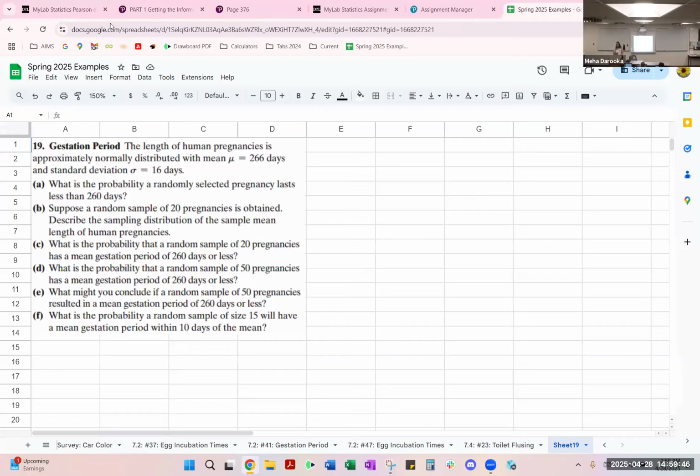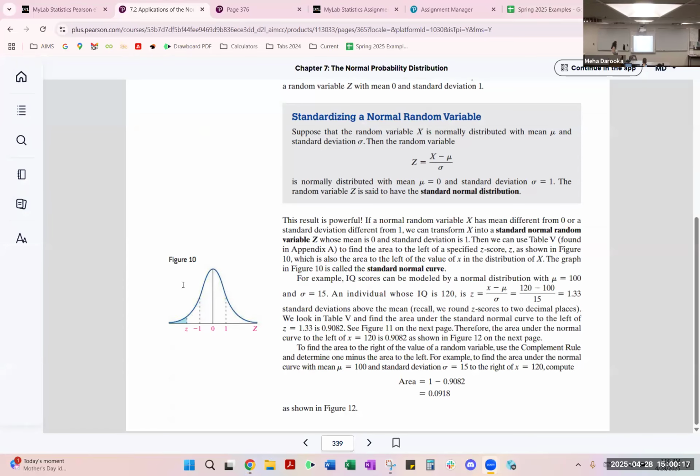Remember, by default, whenever you try to find probabilities using the standard normal distribution, it always gives you the area to the left of the value we are looking for. You will see by default, the area is always going to be to the left of the value you're looking at. So really, you don't have to do a whole lot here.